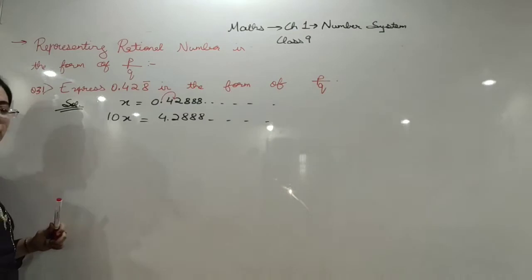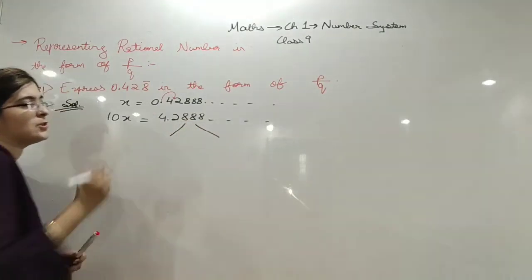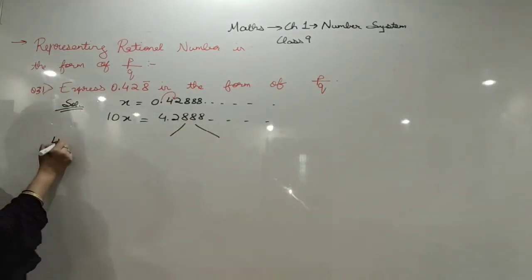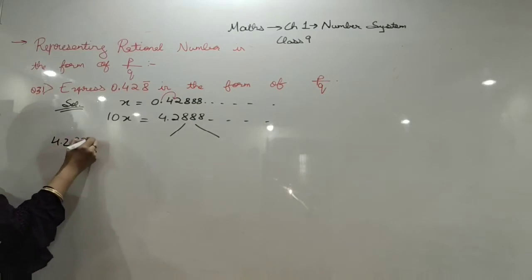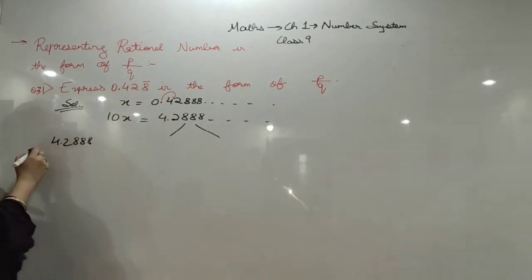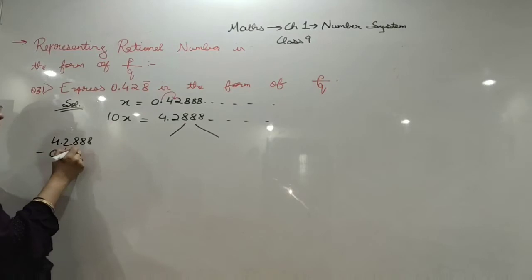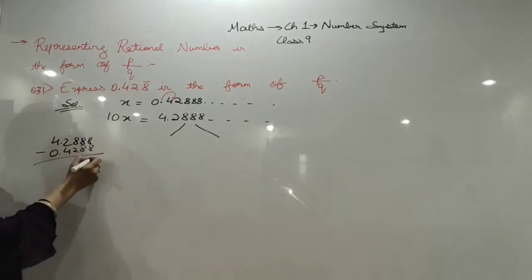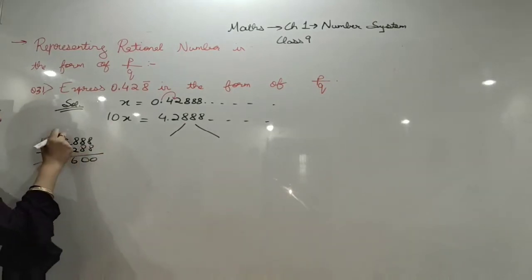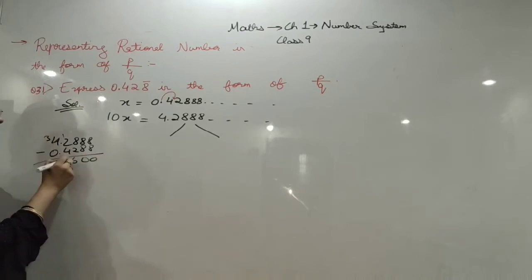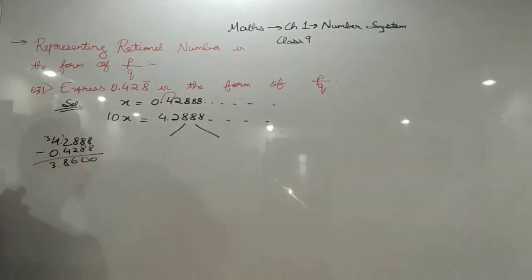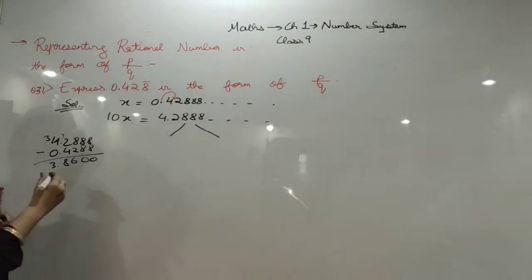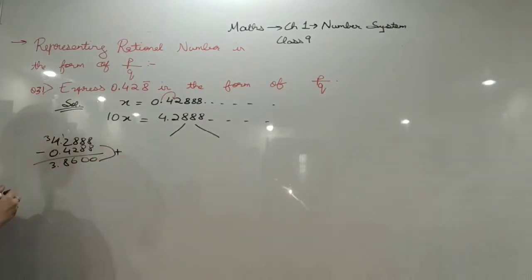Now what we have to do? We have to split it into two terms. I have told you, do it in rough work. You have to subtract this minus this. 4.2888 minus 0.4288, what will come? 3.86. Okay, this plus this we will write.